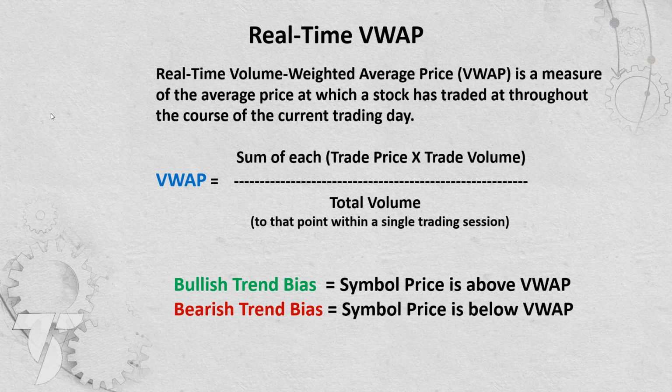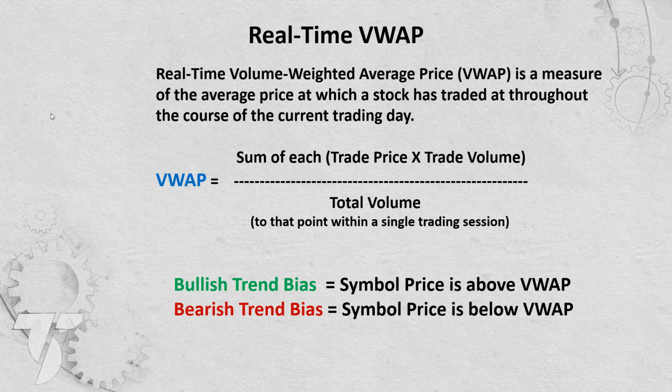So if a trade went off at $53 and it was 500 shares, we're going to take $53, multiply it by 500, and put that into the bucket. And then we're going to divide that bucket by the total number of shares that have traded so far today. And that gives us the average price that that instrument has traded at to that point in the day, all in real time.